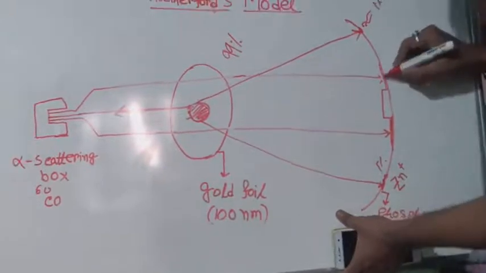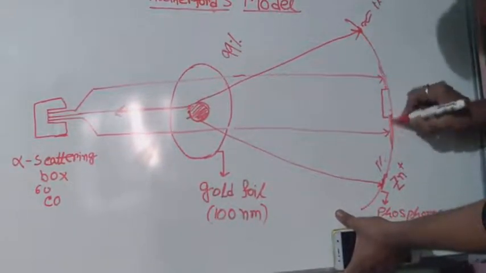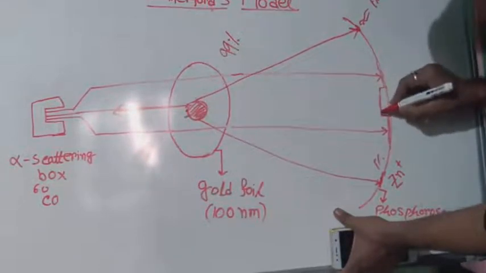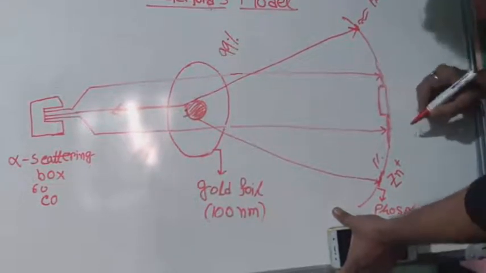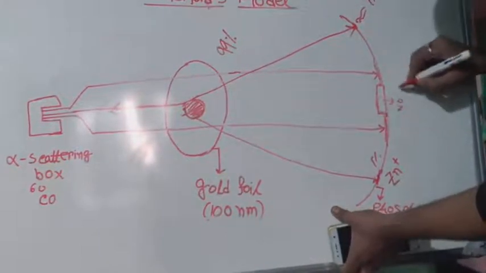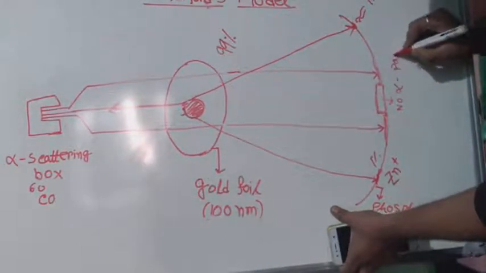The maximum amount of scattering light is observed in this part, and in the middle portion of the screen, no alpha particle scattering is observed.